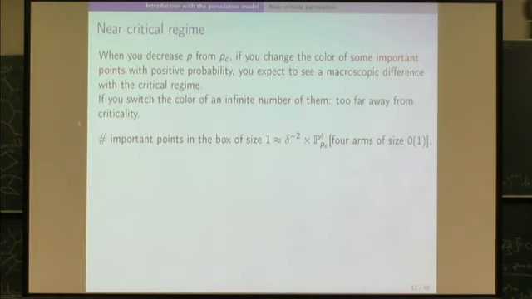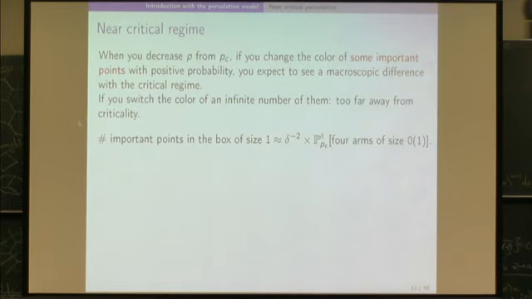To recap, what I said is that if you change the color of some important points with some positive probability, then you expect to see a macroscopic difference with the critical regime, and that will be the near critical regime. But let me just say that if you switch the color of an infinite number of them, or too many of them, then you expect to be too far away from criticality.